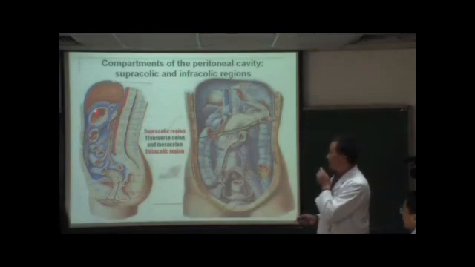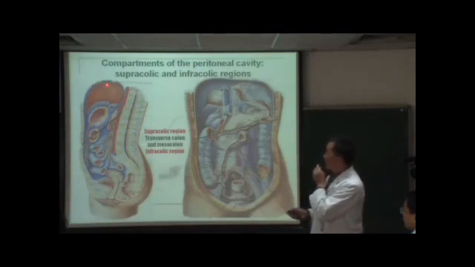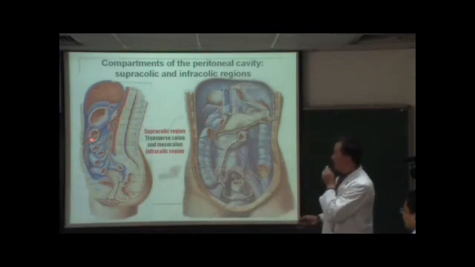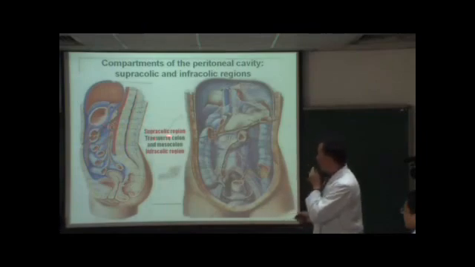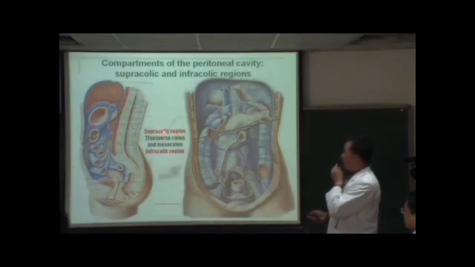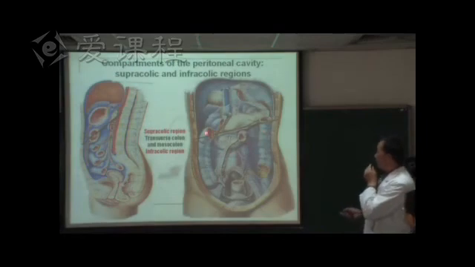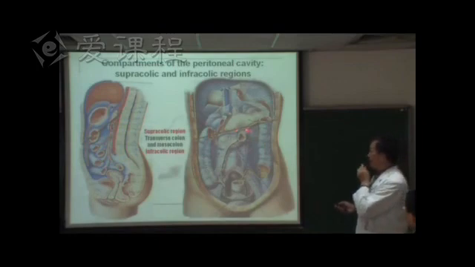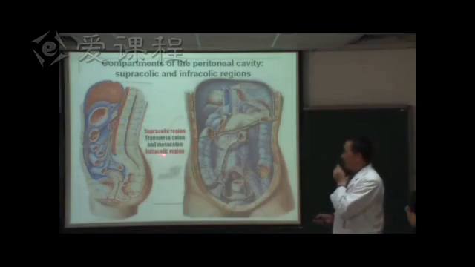The structures between the diaphragm and the transverse colon and its mesocolon is the supracolic region. And beneath it, from this transverse colon and its mesocolon is the infracolic region.